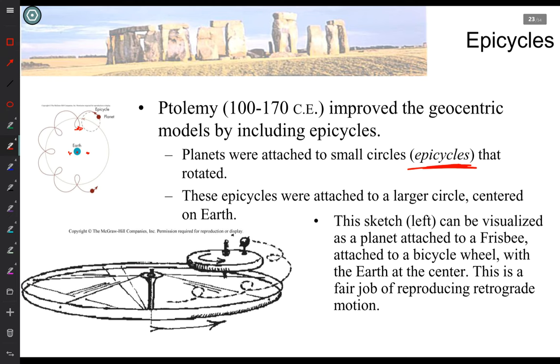Venus gets around 45 degrees of elongation, about 45 degrees away from the sun. And Mercury is somewhere in the ballpark of 27-ish degrees away from the sun. They never get that far away from the sun. And so we can't have them going around the way that Aristotle had it.